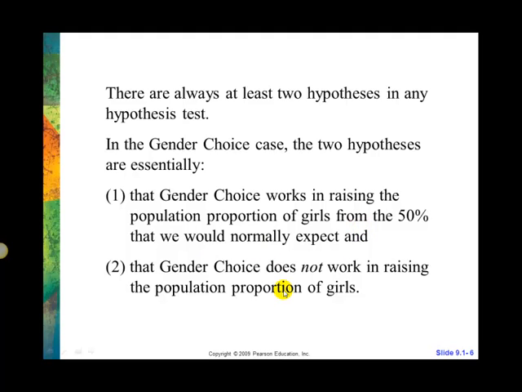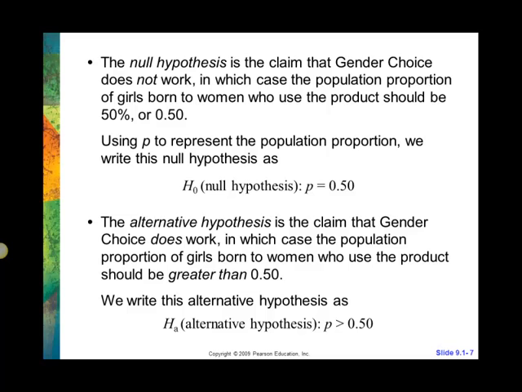Those are the two things we have to deal with, and we have to put them into some kind of category so we can actually test them. And so we have what we call the null hypothesis. The null hypothesis is that there was no change. So the null hypothesis here is that the population proportion was 50%. That didn't work. Nothing happened.